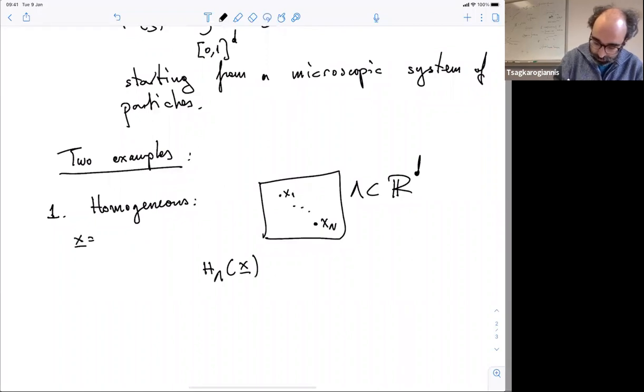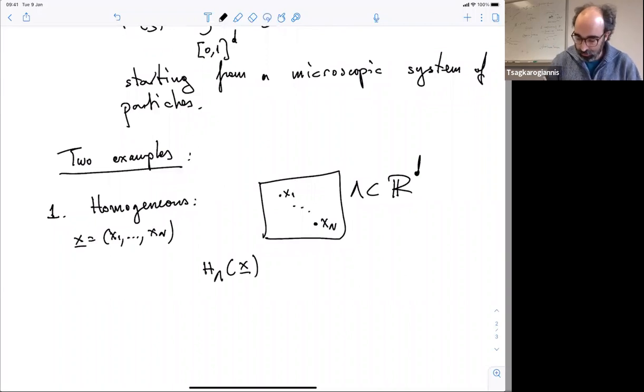So x is (x1, ..., xn). Okay, maybe I will not be very consistent with the notation. Please feel free, if something doesn't fit well, to let me comment on that. Maybe going fast, I make mistakes.